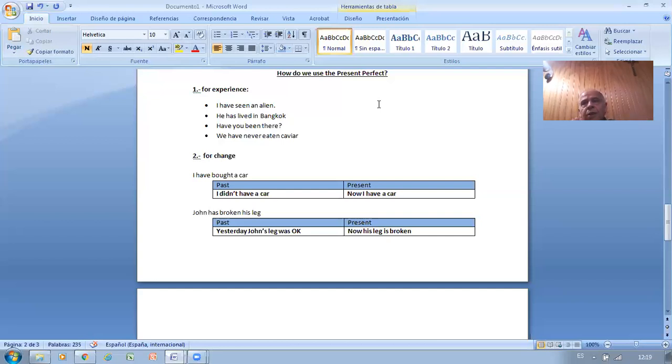When you say I have bought a car, you try to emphasize that the change has happened lately. You can say I bought a car, I don't know, last year. But when you say I have bought a car, that means that you have done that not long ago, right? There is a little difference in that.